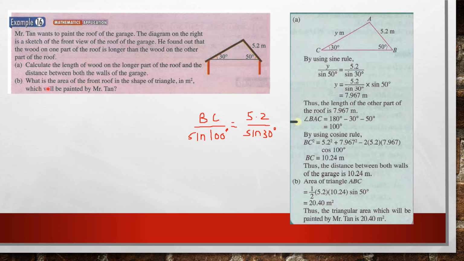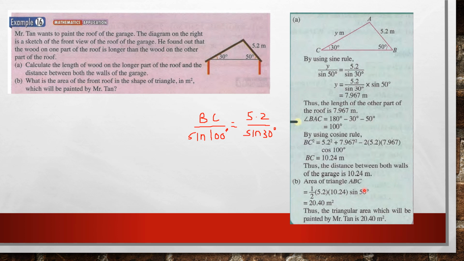Okay, now part B, what's the area of the front roof in the shape of the triangle, which will be painted by Mr. Tan. So for ABC, they want the area of ABC, so you can use the area formula, half times 5.2 times 10.24 times sine 50. 5.2 is AB, 10.24 is BC.